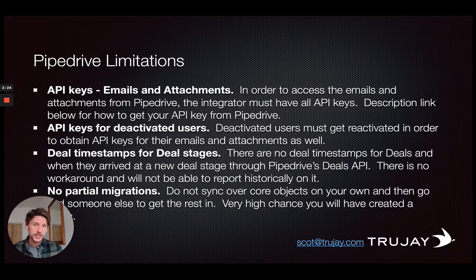No one can access those unless they get an API key. It's like a 12, 15 digit number, and it's very easy to retrieve. I'll put a link in the description so you can click on it. It'll show you exactly how to do it.